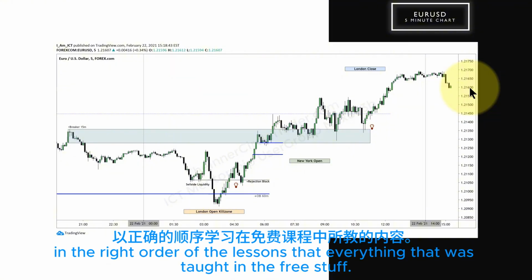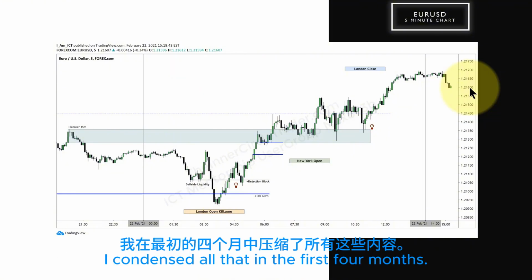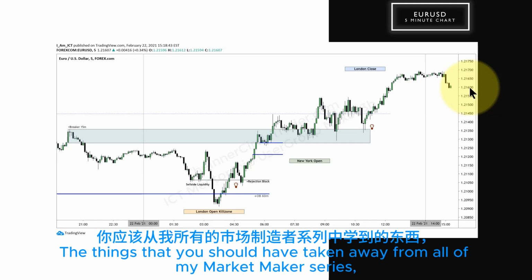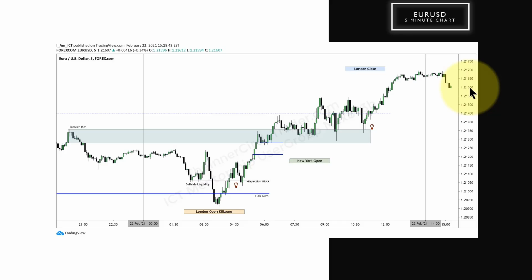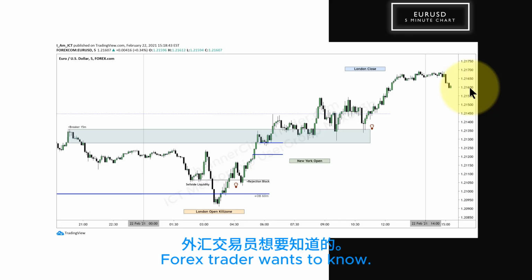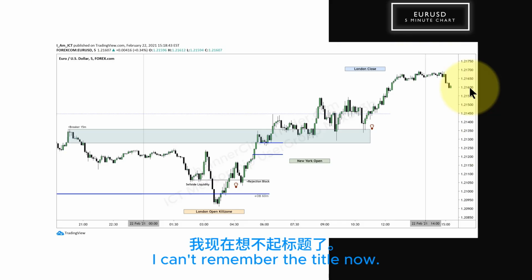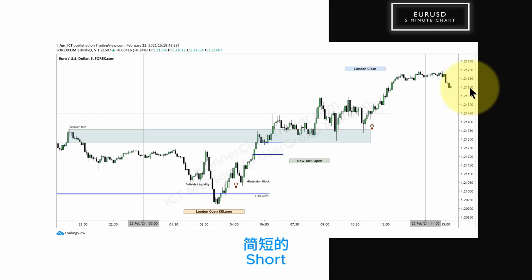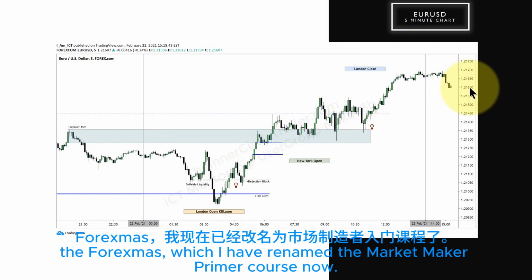Everything that was taught in the free stuff, I condensed all that in the first 4 months. The things that you should have taken away from all of my Market Maker series, the "What Every New Forex Trader Wants to Know" series, I can't remember the title now. Short-term trading, high probability scalping, the Forexmas, which I have renamed the Market Maker Primer course now.